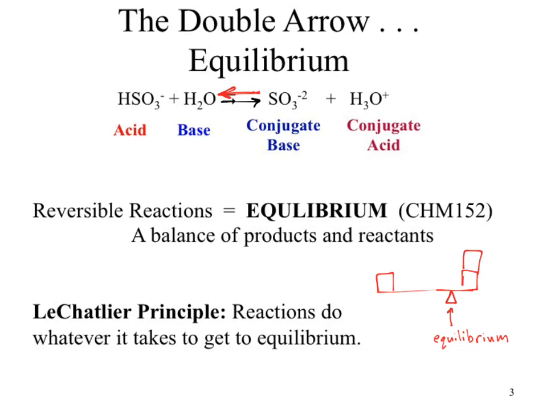So where the reaction decides to put that fulcrum is what our equilibrium is talking about. We're looking at that balance between those. Well, Le Chatelier came along and made an observation on these reactions. Once a reaction has achieved this balance, the reaction pretty much gets to slide that fulcrum to where it wants to be so that everything is balanced out.